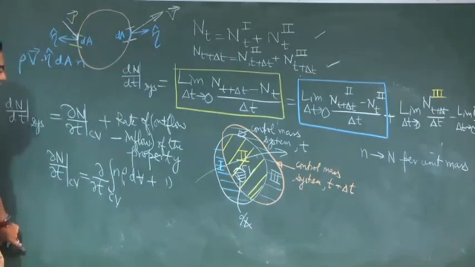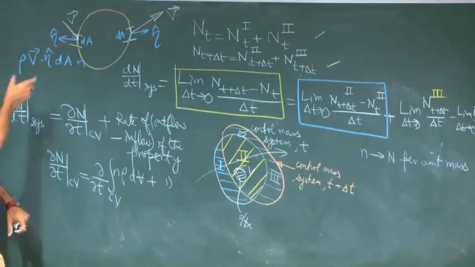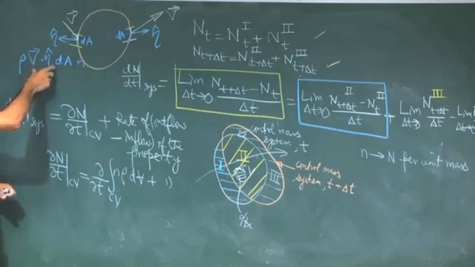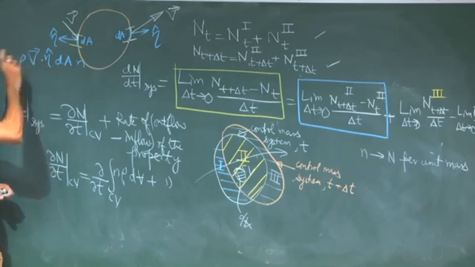The difference between inflow and outflow boundary can be recognized from the algebraic expression, from the outcome of the dot product. If the dot product V dot n is positive, then it is outflow. If the dot product V dot n is negative, then that is inflow.